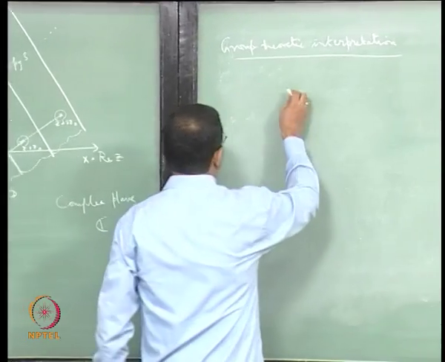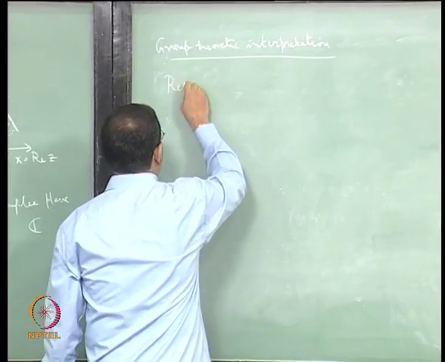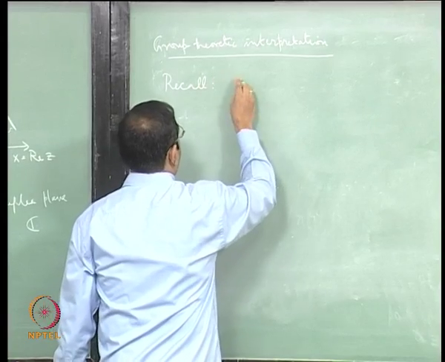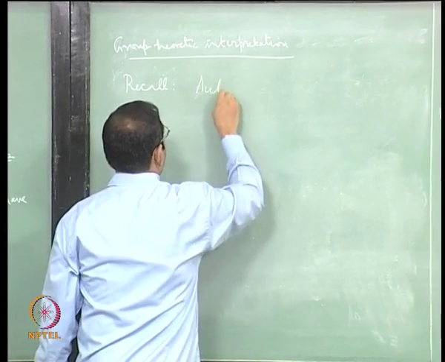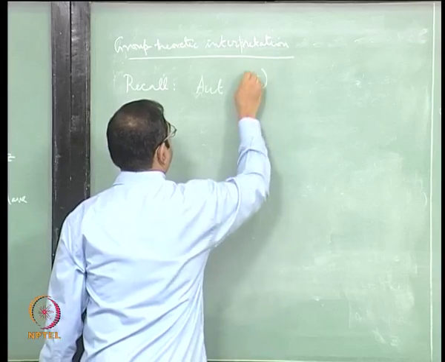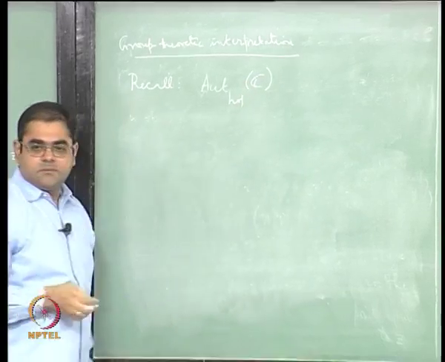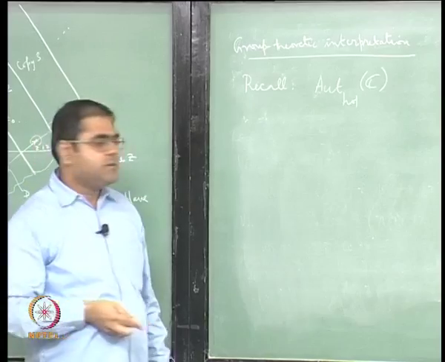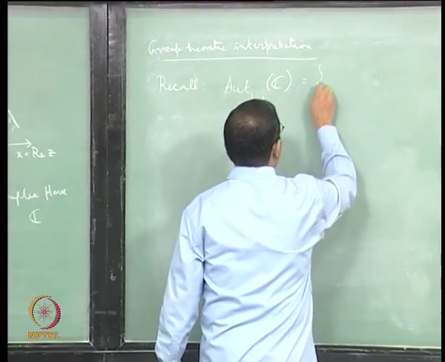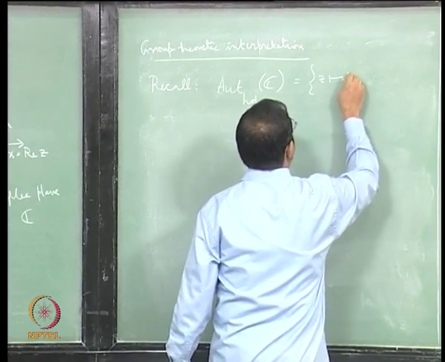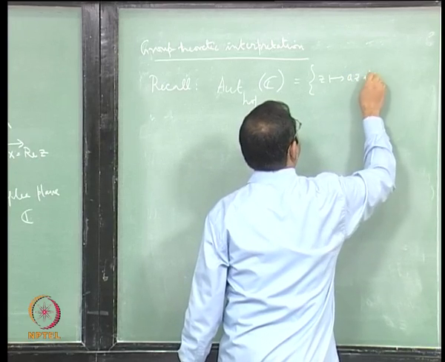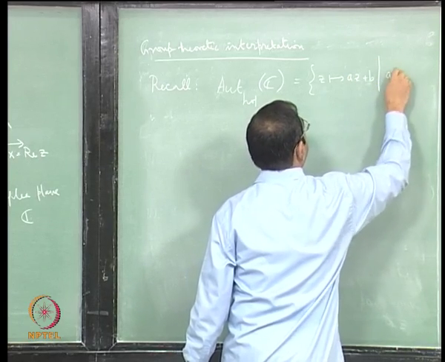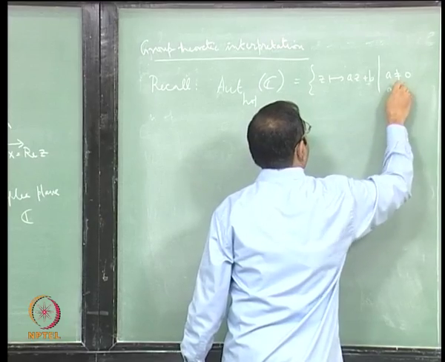So what we do is that we first recall that the set of holomorphic automorphisms of the complex plane is given by the set of maps of the form z going to a z plus b, where a is not 0, and of course a and b are complex numbers.